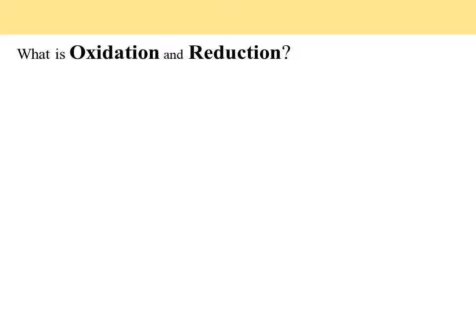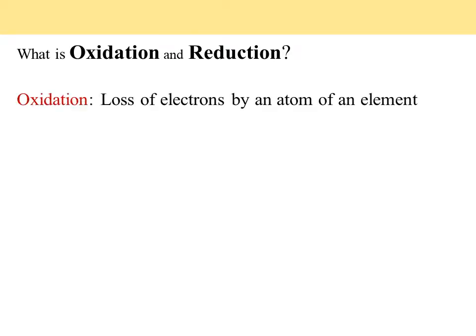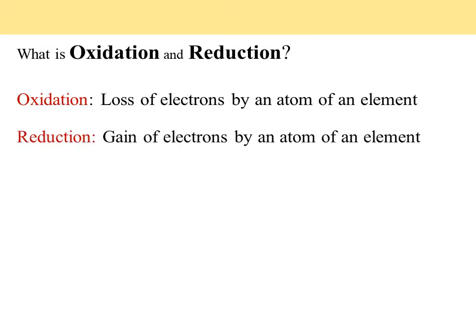Now, apart from this, the definition which I generally follow is: oxidation equals loss of electrons by an atom of an element, and reduction means gain of electrons by an atom of an element. The previous definitions in terms of oxygen and hydrogen are different.